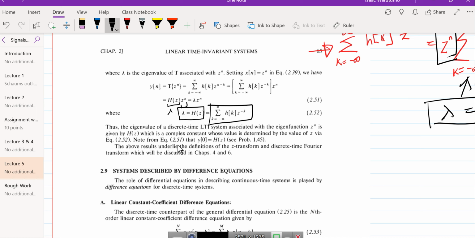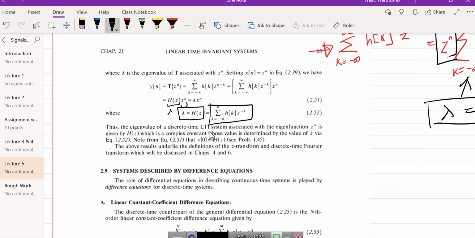That means the eigenvalue of a discrete time LTI system associated with the eigenfunction z^n is given by H of z, which is a complex constant whose value is determined by the value of z that we have defined in equation 252.